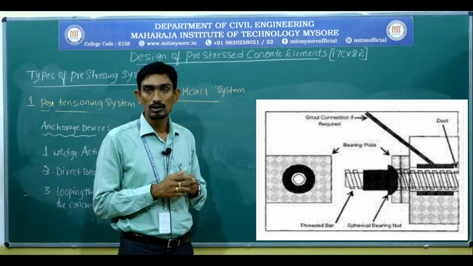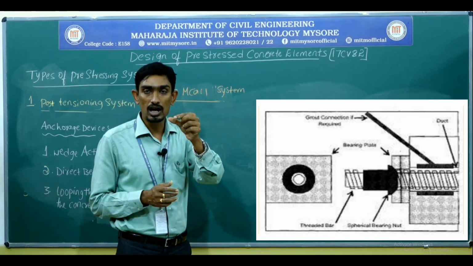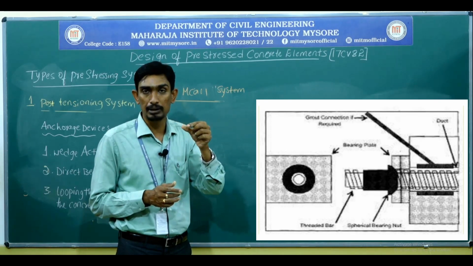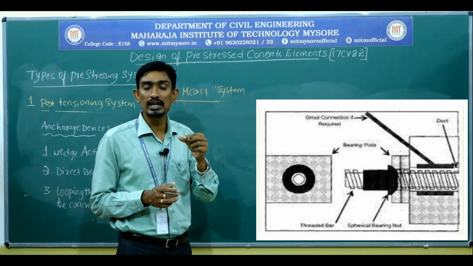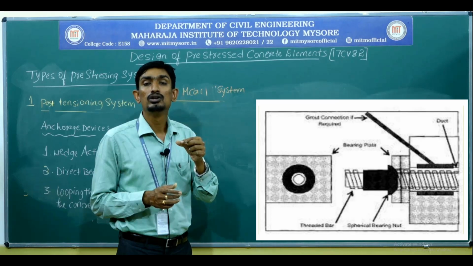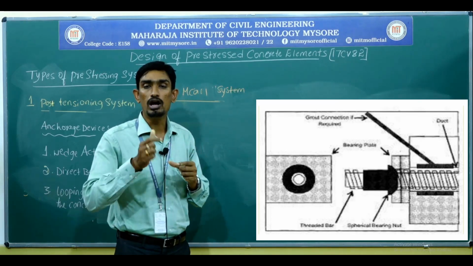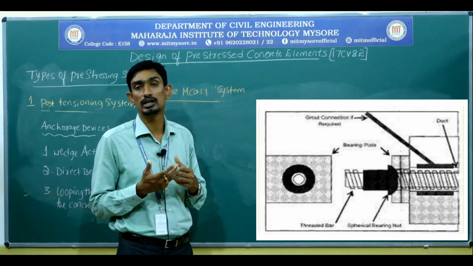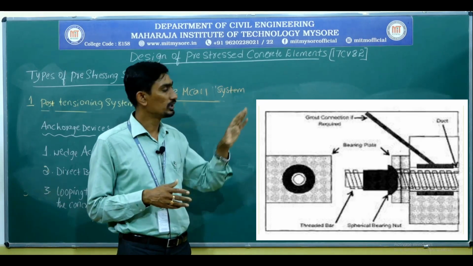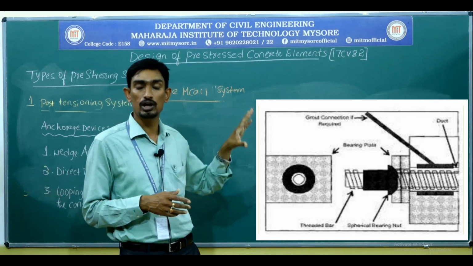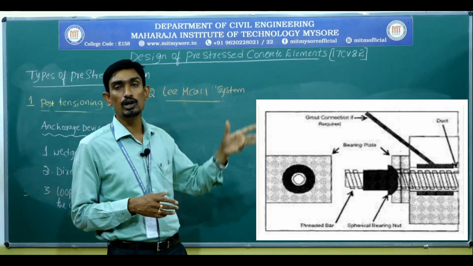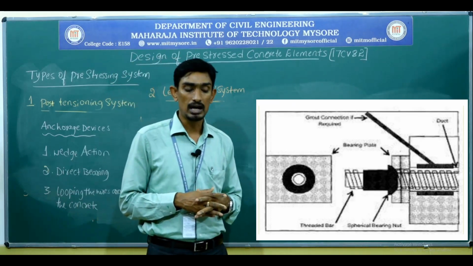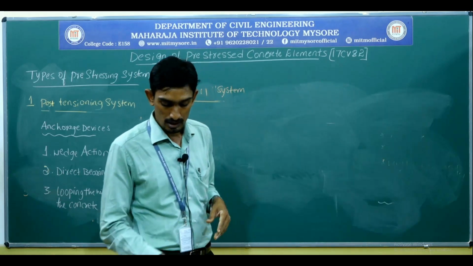I will repeat: this tendon will be stretched through the bearing plate, and finally it will be anchored by a washer and a nut. So this is the methodology followed in the Lee-McCall system.